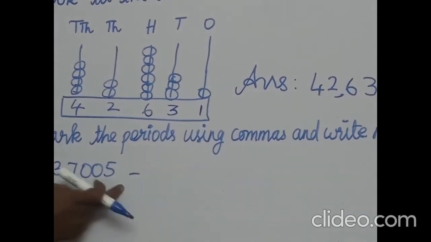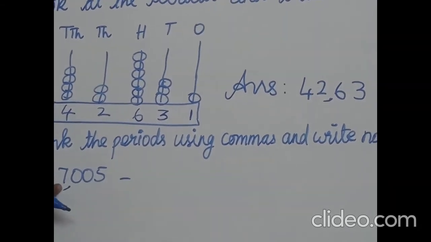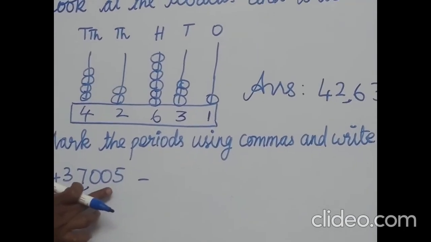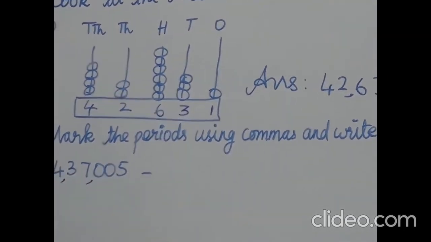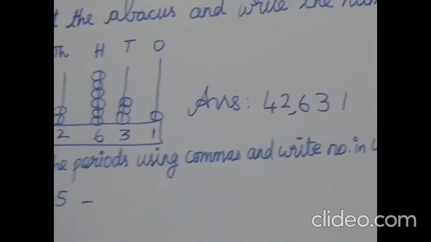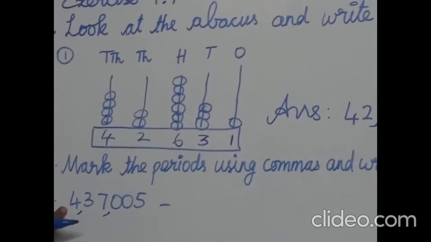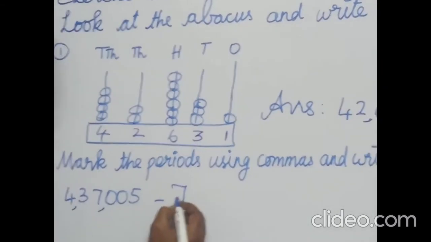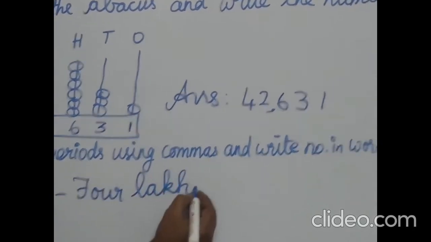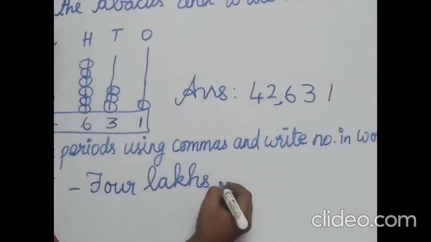So now you read the number: 4,37,005. No number in the tens place and the hundreds place. So for this we are going to write the number in words. So start writing 4 in the place of 4 lakhs. 4 lakhs 37,000.